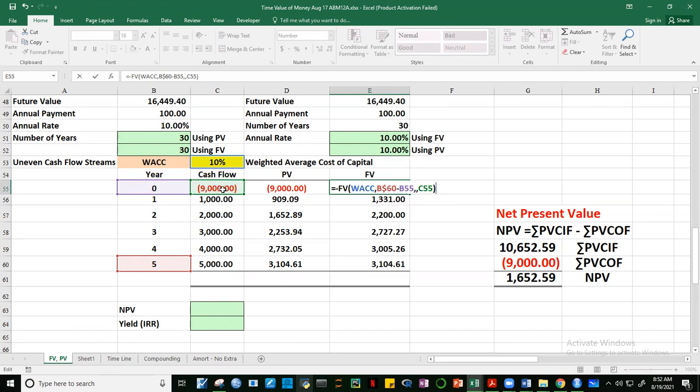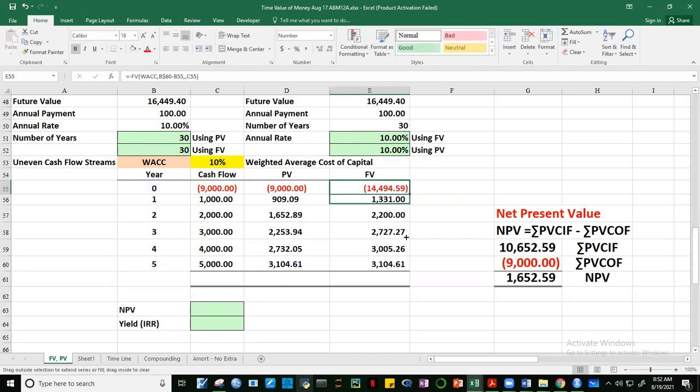Dapat ang gamitin natin guys, I used the present value already. That's wrong. Check guys. Yung 5,000, 5 years from now, magkano siya? 5 years from now, 5,000. Okay? So these are your future values.